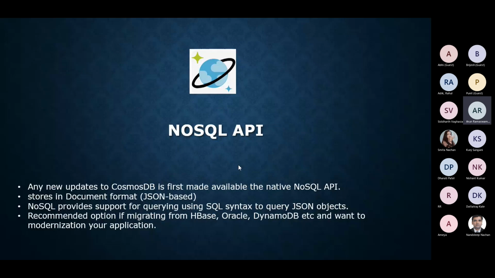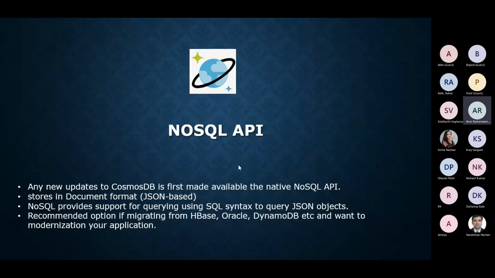As I said, it basically stores in document format. Each of the items within the NoSQL database is stored in document format, and you could still use your normal SQL syntax to query the database, which I will show you in a demo.